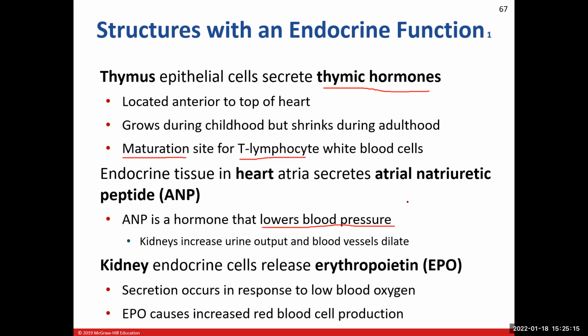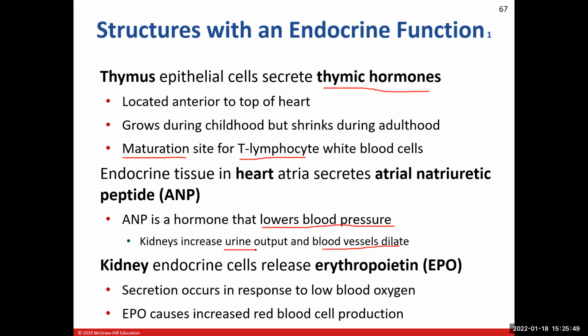So as you increase the pressure, that pushing on those walls becomes greater. So these tissue cells will feel that increased pressure and they'll start to secrete this hormone, and that hormone will help to decrease the blood pressure, and it does so by causing vasodilation, and also causes your kidneys to increase urine output. So you're peeing more.